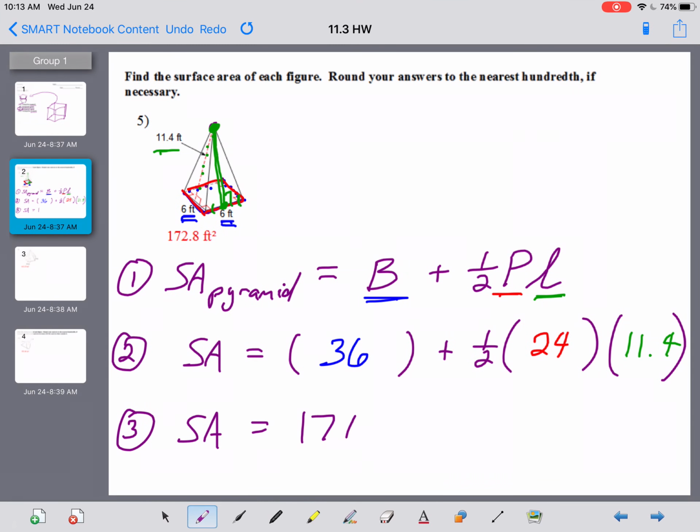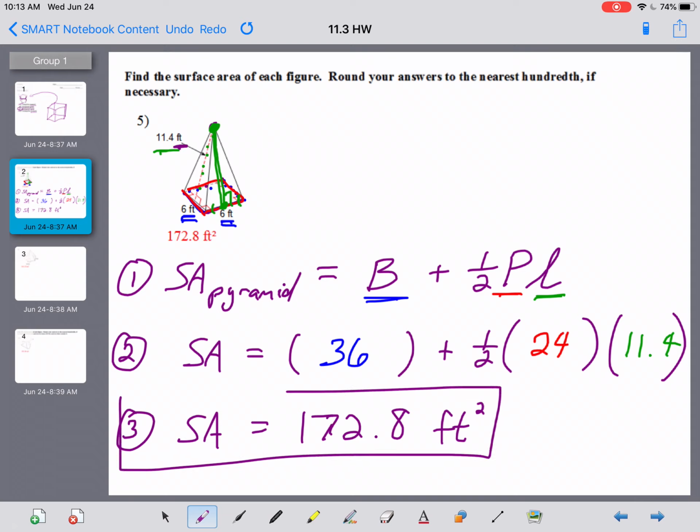Come on, Mr. Fontana, get it right. 172.8, there we go. And since linear units were all given to us in feet, surface area is going to be measured in square feet. So 172.8 square feet is our surface area here for that square pyramid.